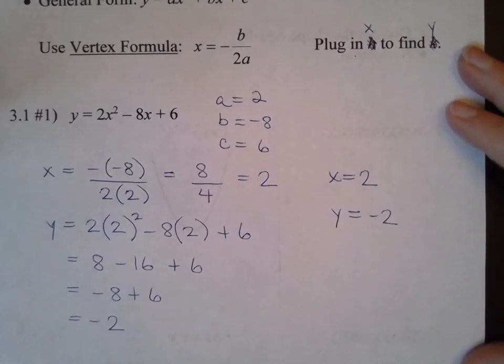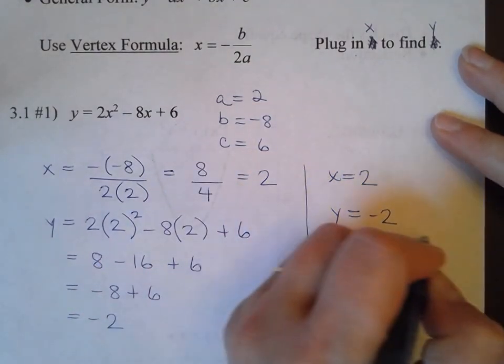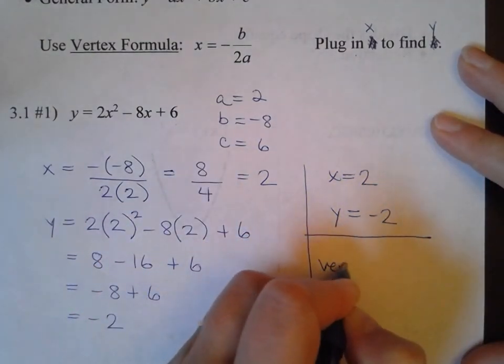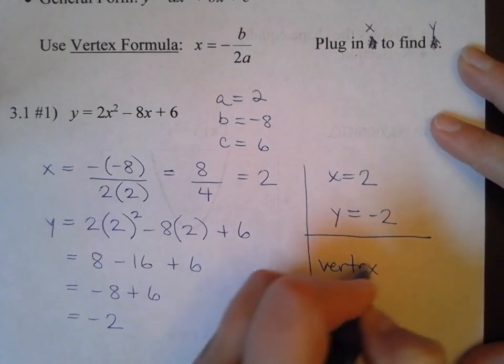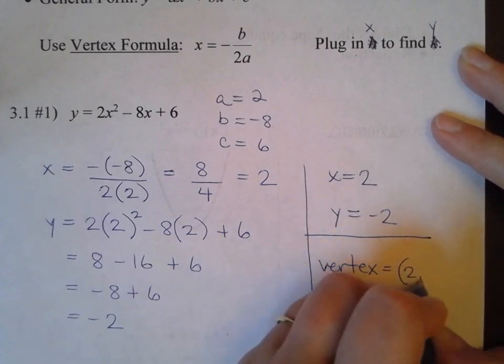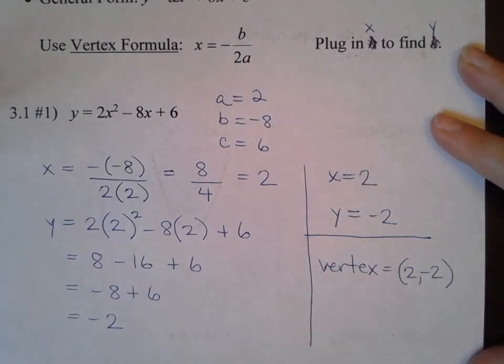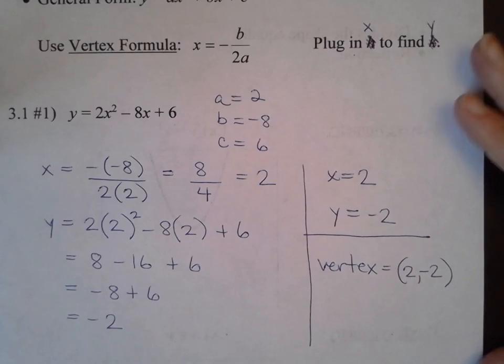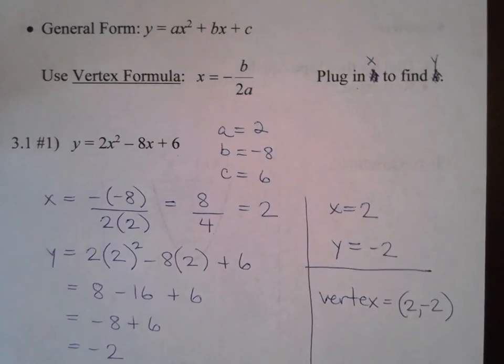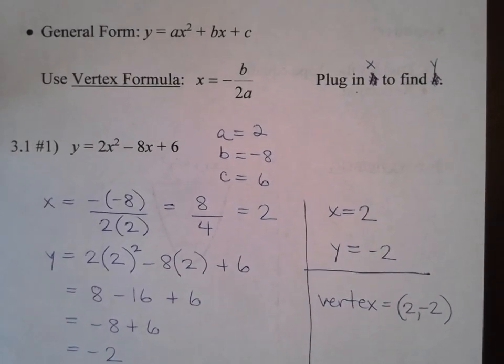So if we put that together, the vertex is the point (2, -2). Okay, so anytime we're talking about some function that's written in general form, we're going to use this -b over 2a to find the vertex.